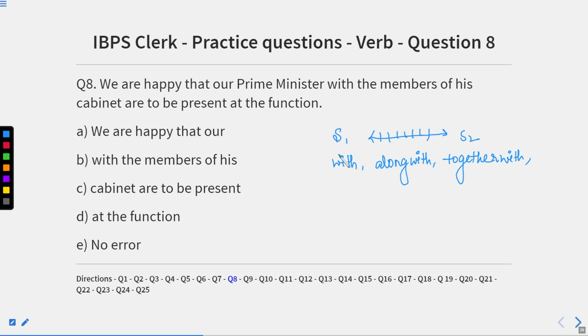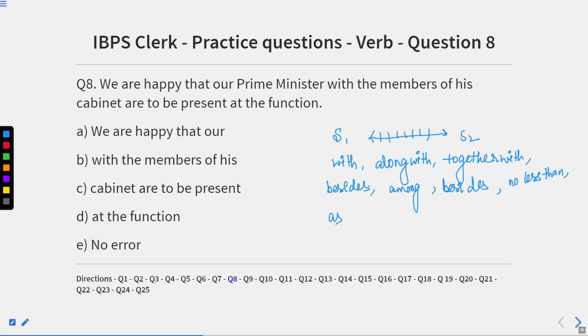So except those conjunctions, with, along with, together with, or if I have besides, there is a preposition, or beside, among. Besides can also be there. There can be many more, like no less than, as well as.